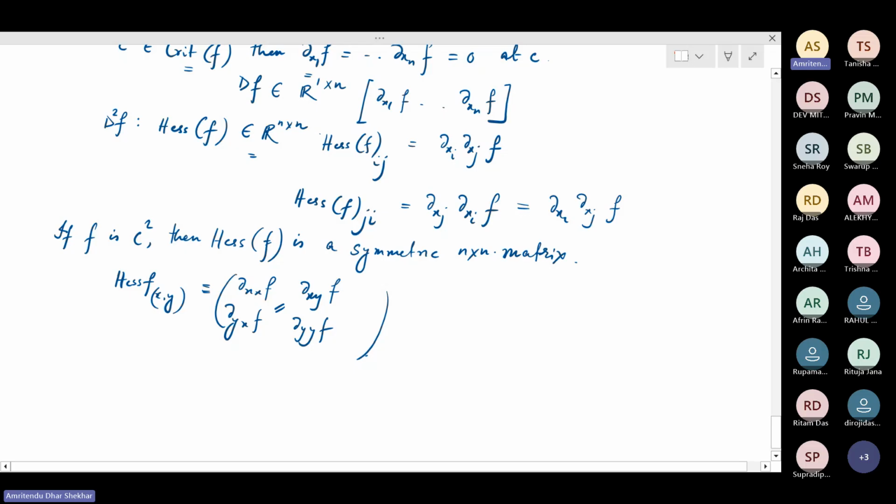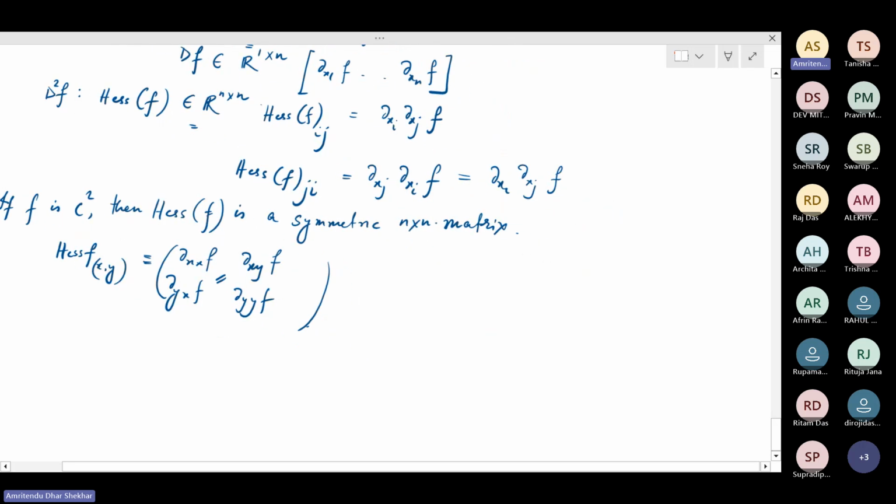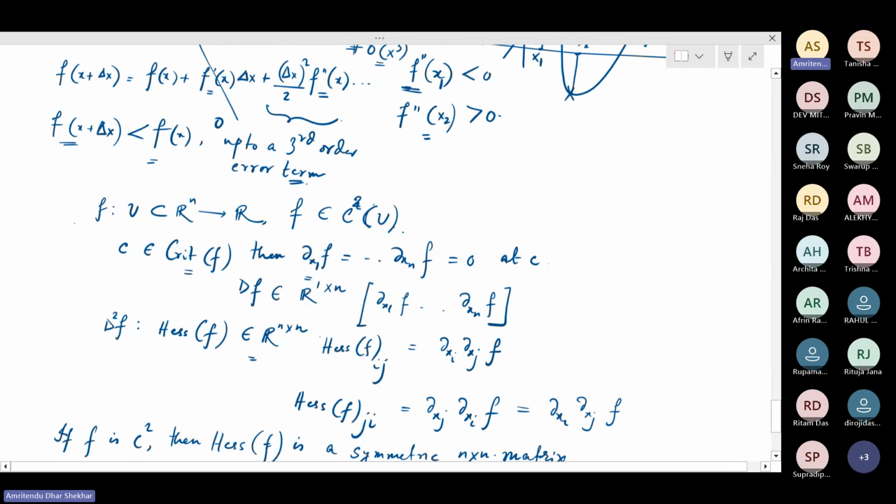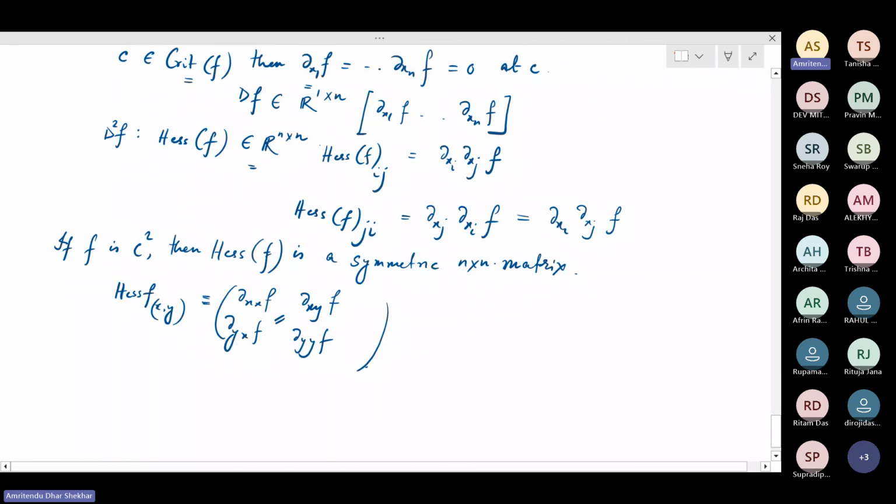So you have a 2 cross 2 matrix, and now we have to determine, at a critical point C, how do you determine if something is a maximum or a minimum? Let me first draw an example, and then I'll tell you how to determine what kind of critical point it is.